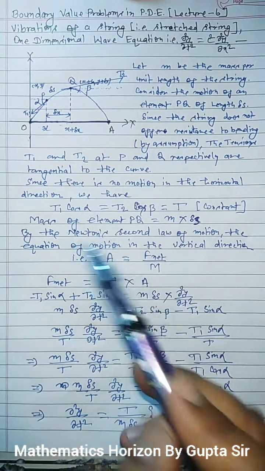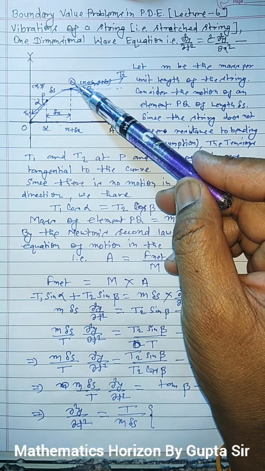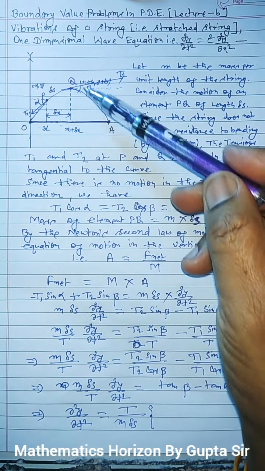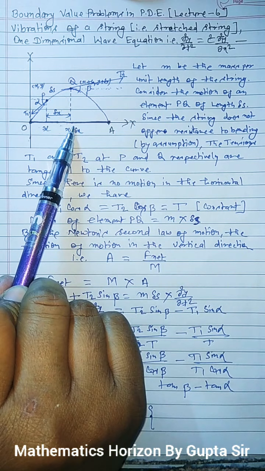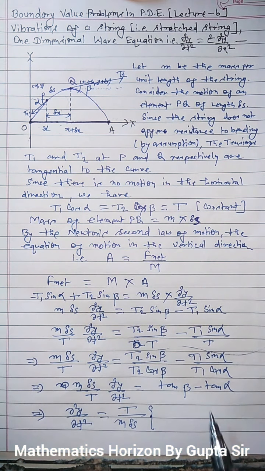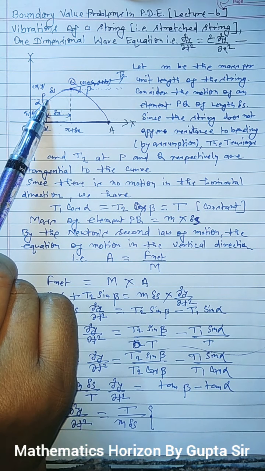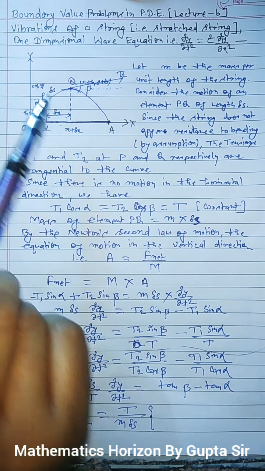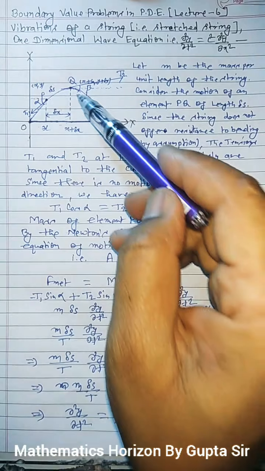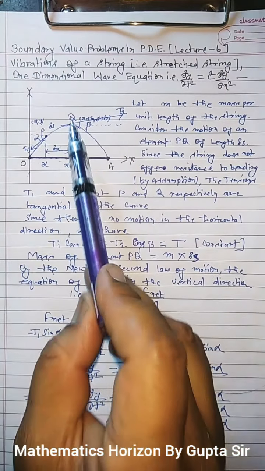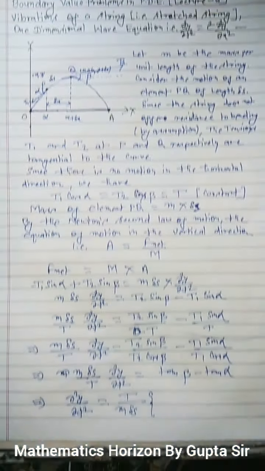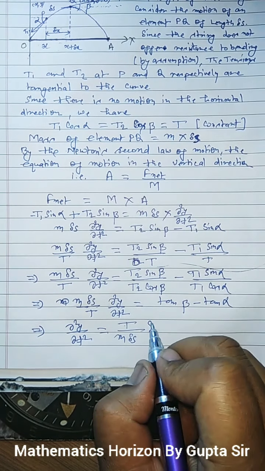This is the slope at point Q, that is dy upon dx at the point x plus del x. And what is tan alpha? Tan alpha is the slope at the point x, at this point P, and Q is x plus del x and y plus del y. That is what we can write here.